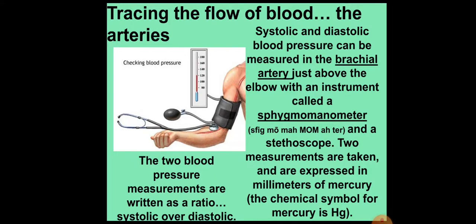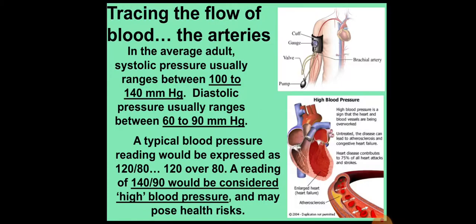Systolic and diastolic pressure can be measured in a brachial artery just above the elbow with an instrument called a sphygmomanometer and a stethoscope. Two measurements are taken and are expressed in millimeters of mercury. The two blood pressure measurements are written as a ratio, systolic over diastolic.